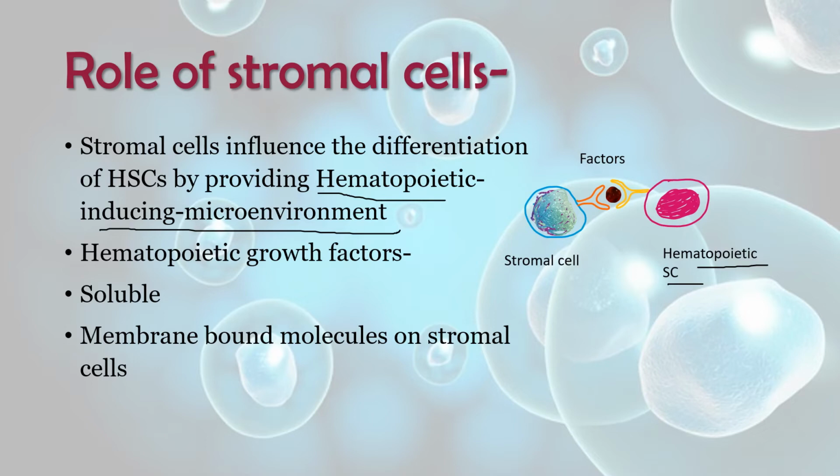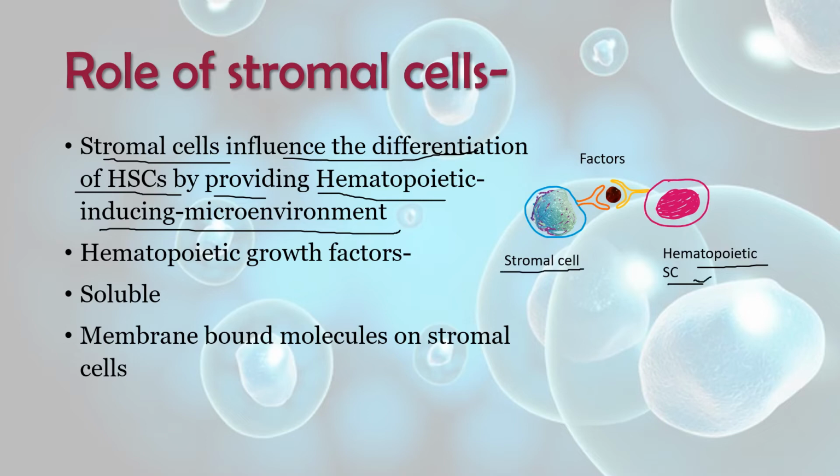We can say the cue is given by these stromal cells. This microenvironment consists of cellular matrix and the factors that promote the growth and differentiation of hematopoietic stem cells.